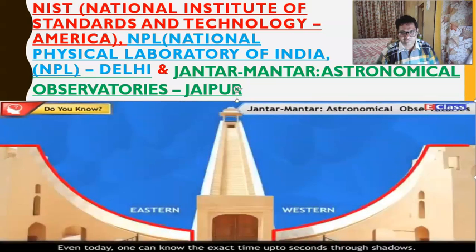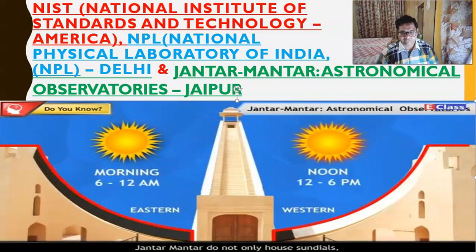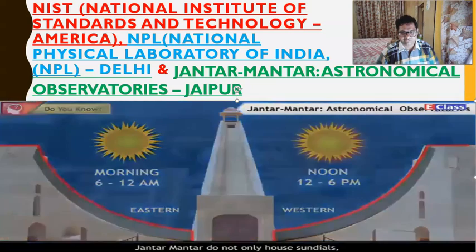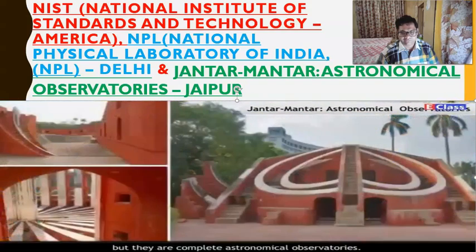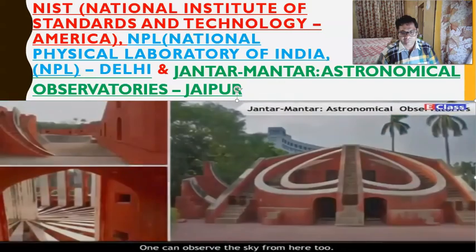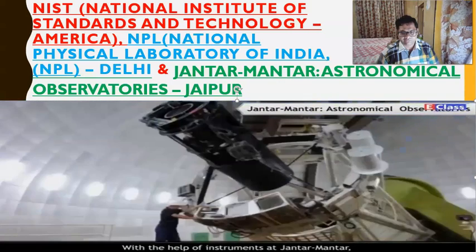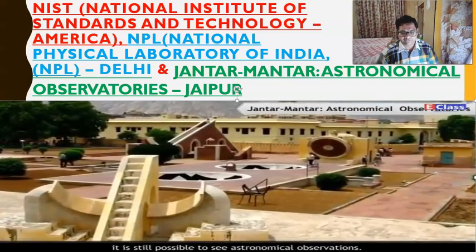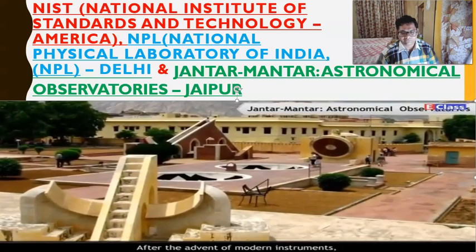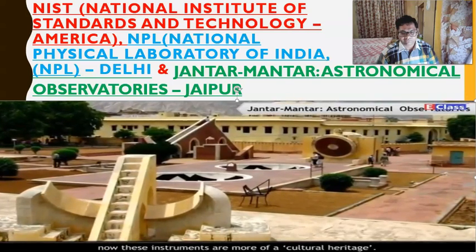Even today, one can know the exact time up to seconds through shadows. JANTAR-MANTAR do not only house sundials, but they are complete astronomical observatories. One can observe the sky from here too. With the help of instruments at JANTAR-MANTAR, it is still possible to see astronomical observations. After the advent of modern instruments, now these instruments are more of a cultural heritage.